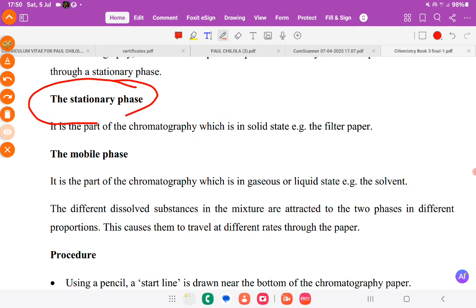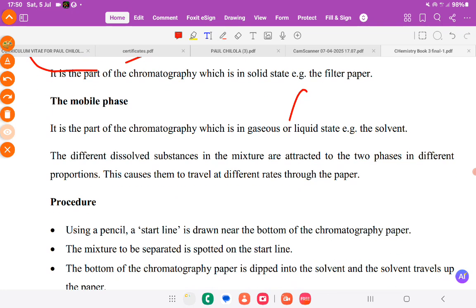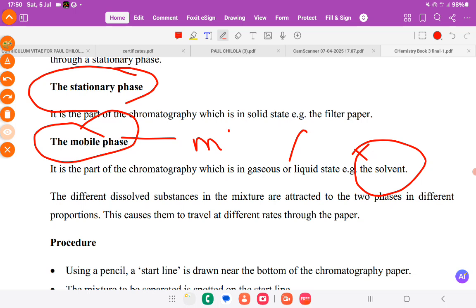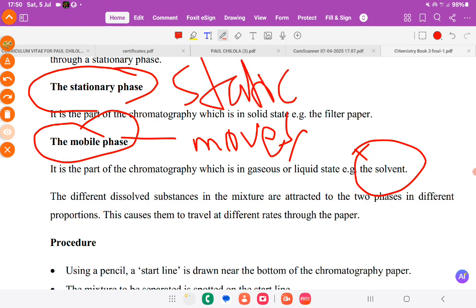We are going to see soon, in terms of diagrams, what the stationary phase is. And then we have a mobile phase. A mobile phase is the part of the chromatograph which is in gaseous or liquid state. For example, a solvent. The word mobile means movable. So it is the part that moves, while this one is the part that is static or not moving.